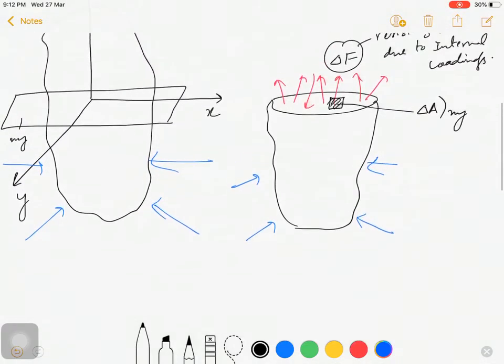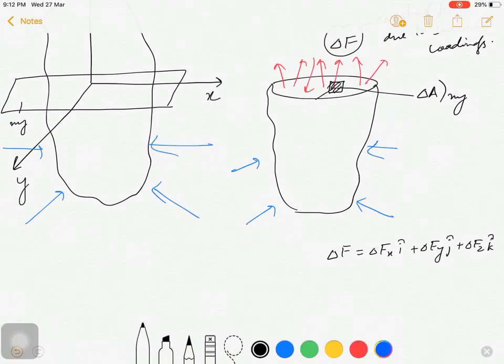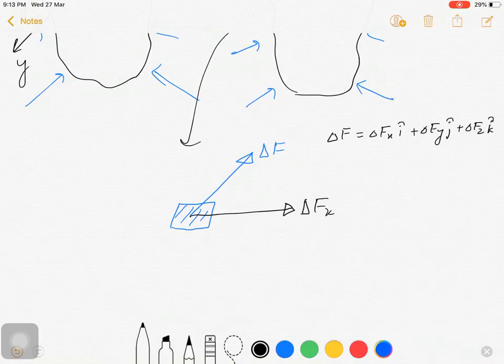Delta F is equal to delta Fx i cap plus delta Fy j cap plus delta Fz k cap. So this we have taken out. This is the area delta A and this is delta F, and delta Fx is in the x direction, delta Fy is in the y direction, and delta Fz is in the z direction.